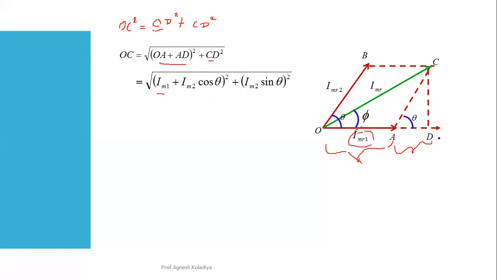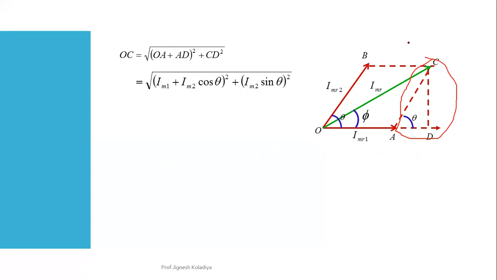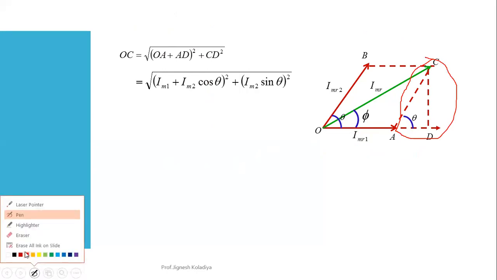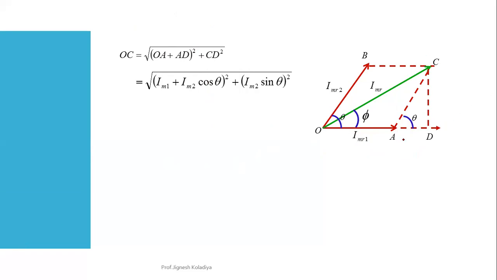But what about AD? In order to find AD, you have to consider this smaller triangle ACD. So everyone consider triangle ACD, and I have to find AD.